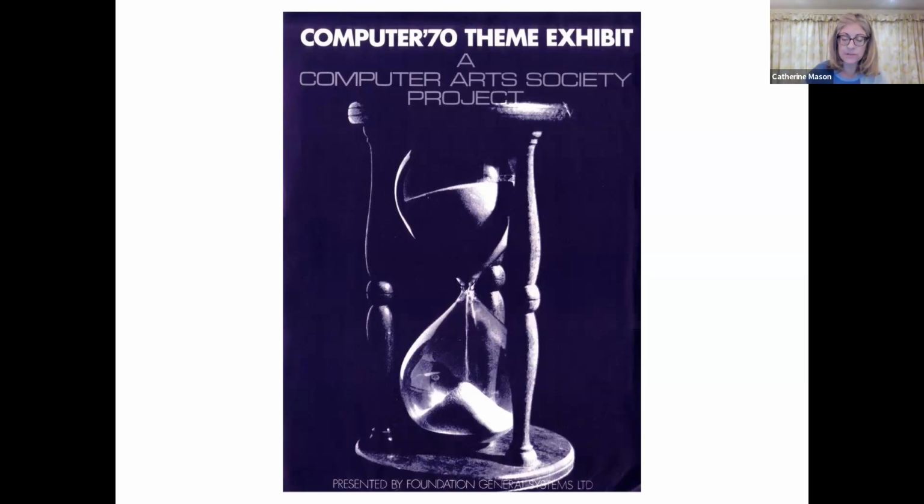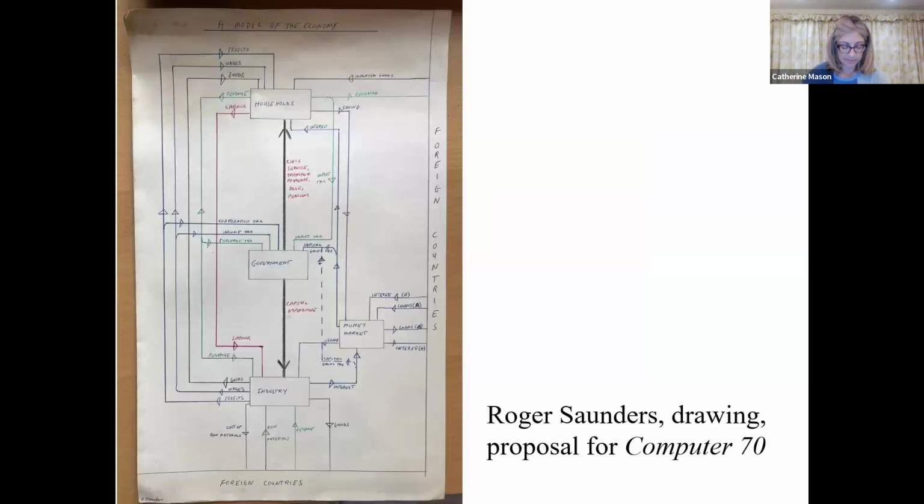And several suggestions were put forward, including this one by CAS member Roger Saunders. Again, this is something that has come to light out of the CAS archive as part of my researches. And you can see that it's a diagram where he is modeling the economy and showing how industry, government, and households are all interrelated and how finances flow between them.